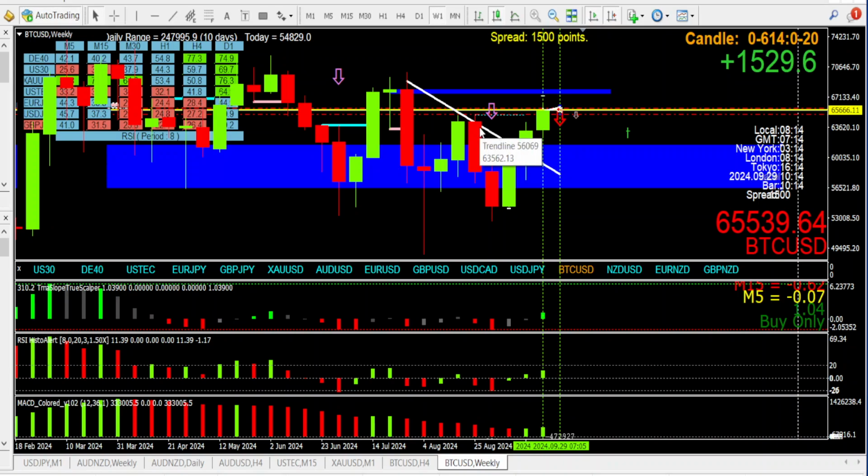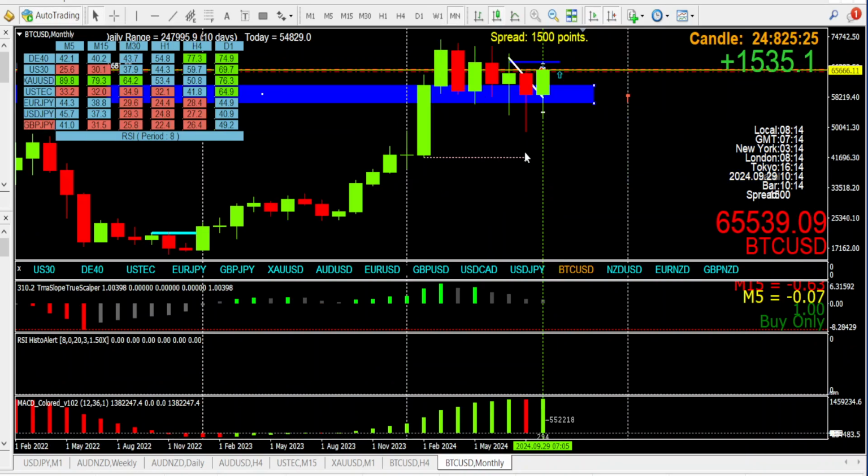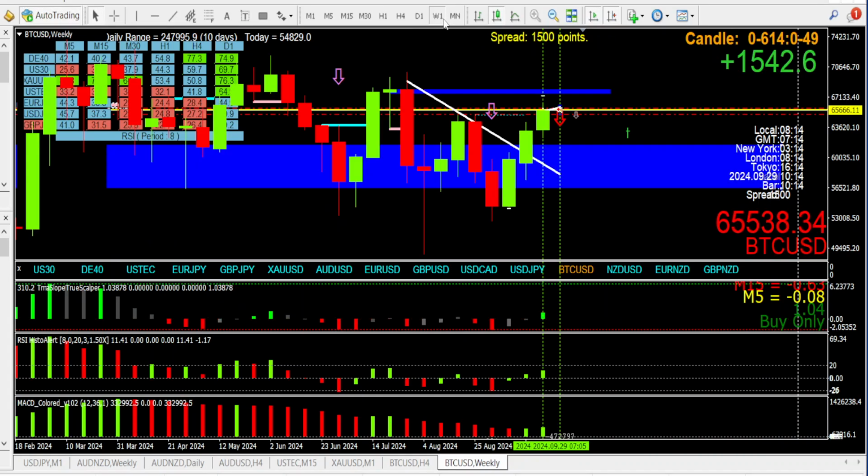Bearing in mind this is a massive move up, and we are a few days from the end of the month now as well, so that's a big old monthly move, three or four weeks. We are into potential monthly reversals.